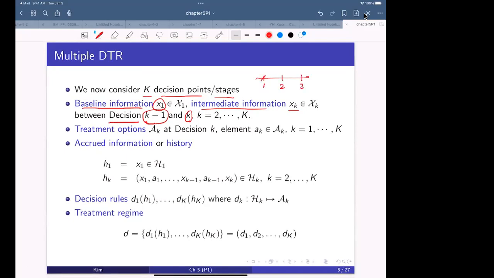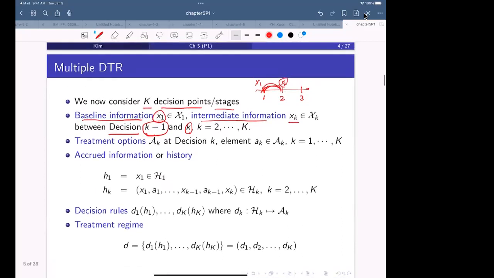At time 1 you have X1 observed. At time 2 you will have X2 observed, but this X2 occurred, something realized between these two time periods. That's the concept. And then treatment option: script A is a set of possible options, while this is an element in the option set.